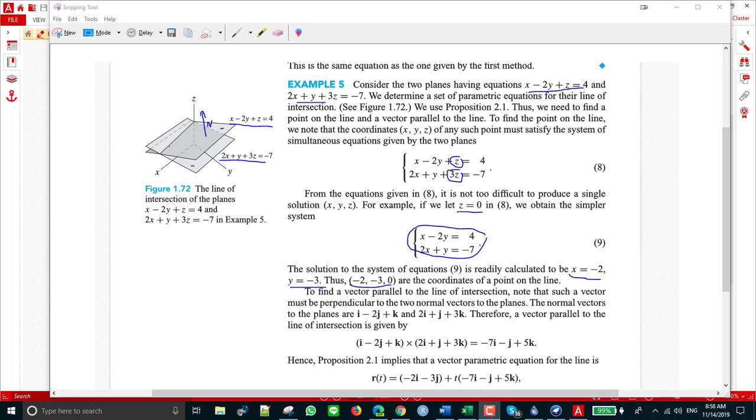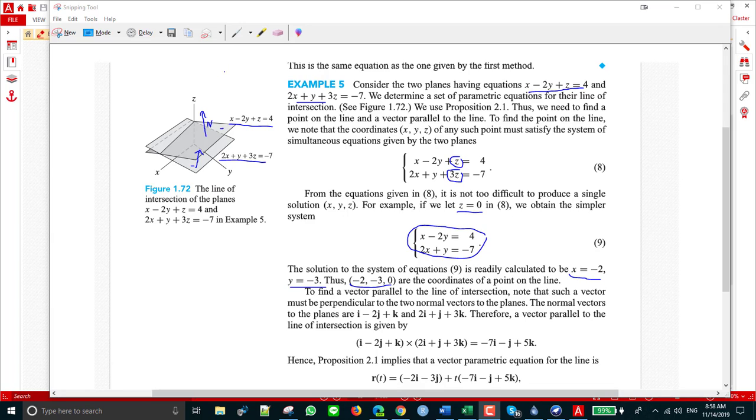But by the same argument, this line has to be perpendicular to the normal for the second plane. So here's this normal to the second plane, and it also has to be perpendicular to that.